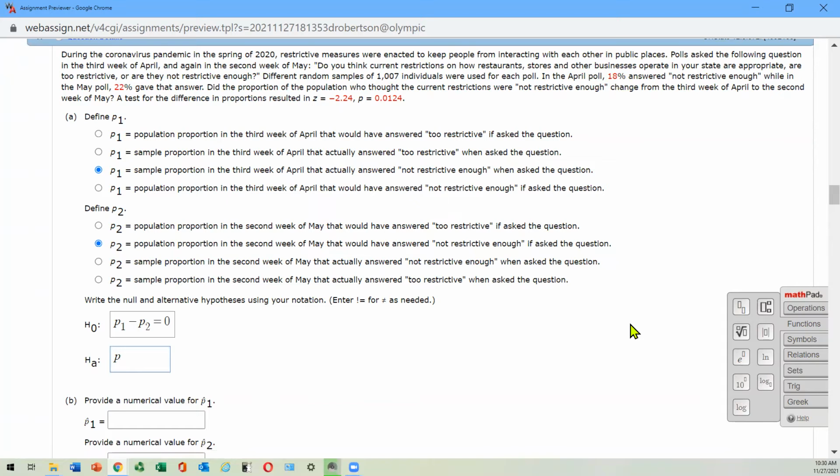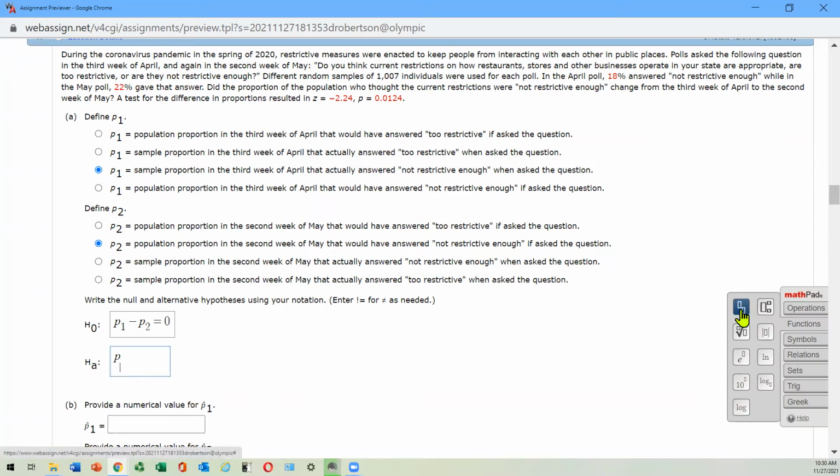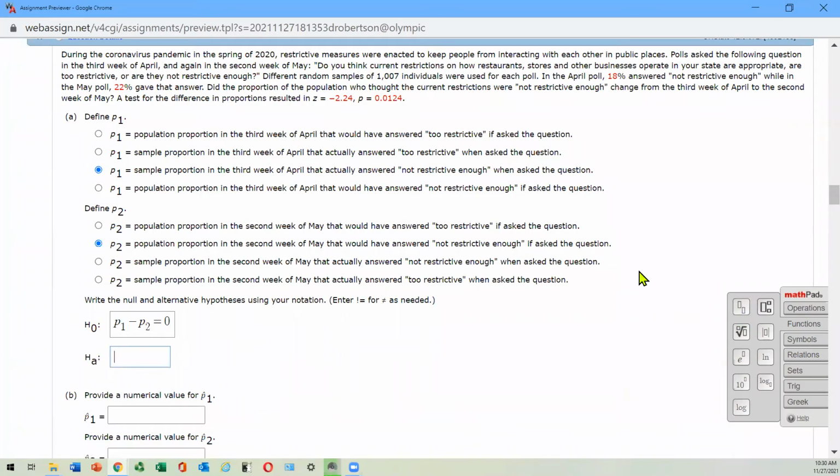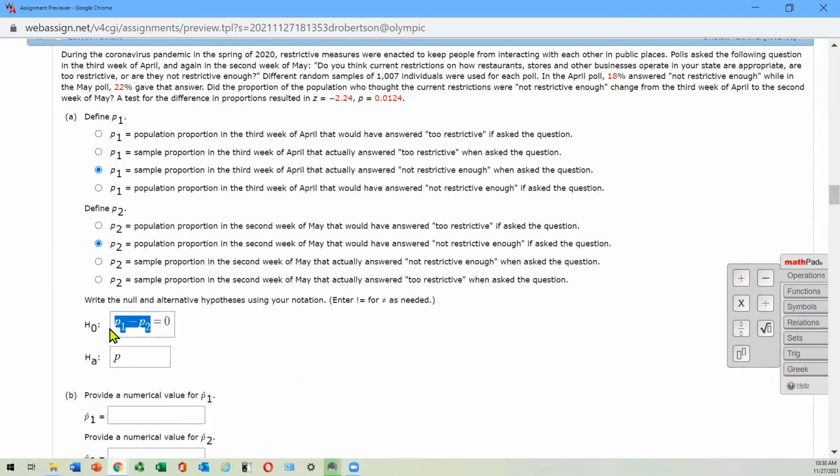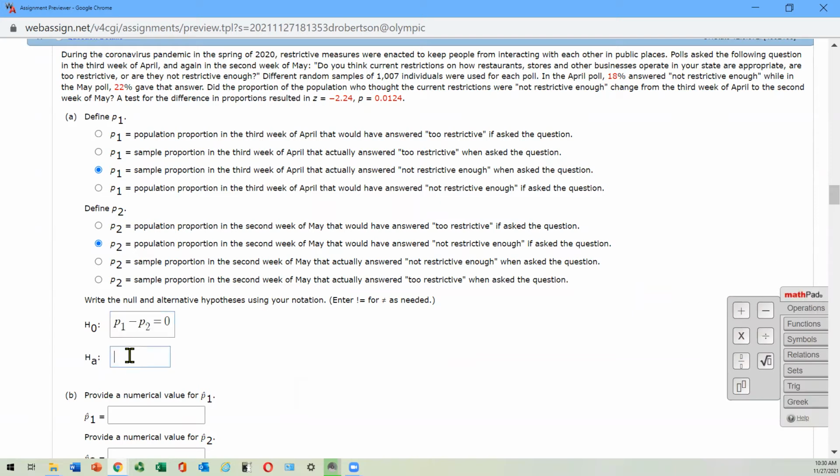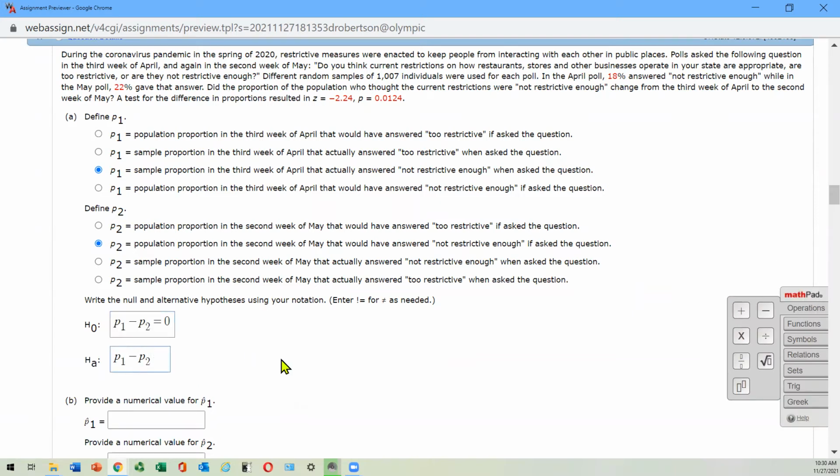It's a pain, isn't it? Okay, for some weird reason, I'm just making life harder than it truly is. Why don't I just copy these two? Got the first one right, there we are. And we want it not equal to.